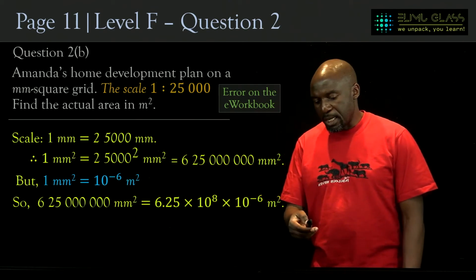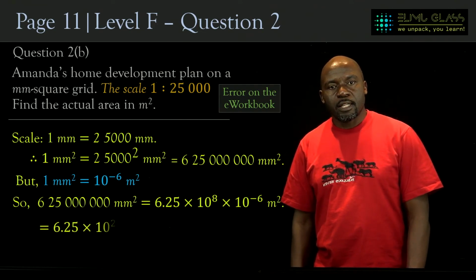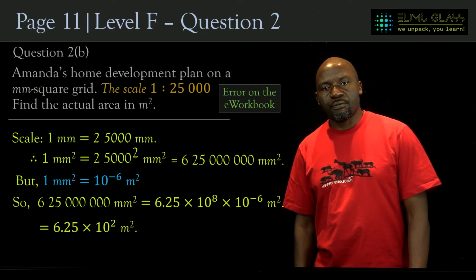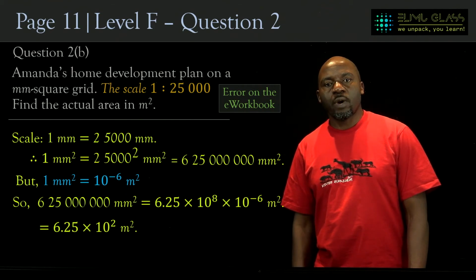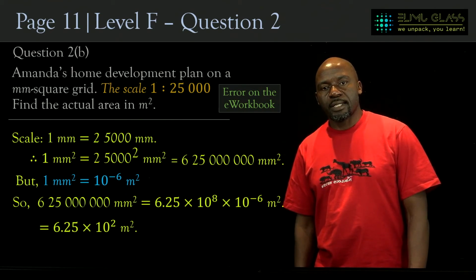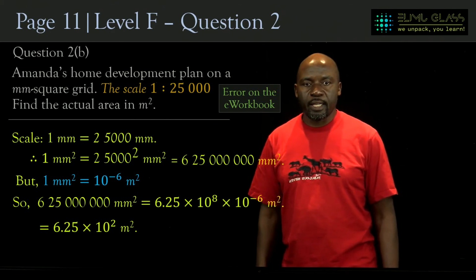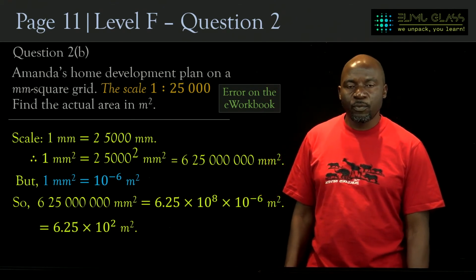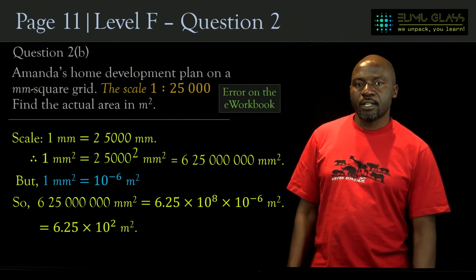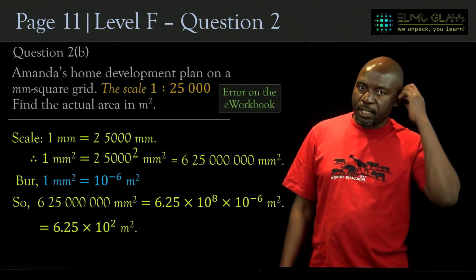If I work that out, you should be able to see that that gives me 6.25 times 10 power 2 square meters, which is also the same as 625 meters squared. Okay, so the area of the piece of land where this lady is trying to build her home is going to be 625 meters squared.